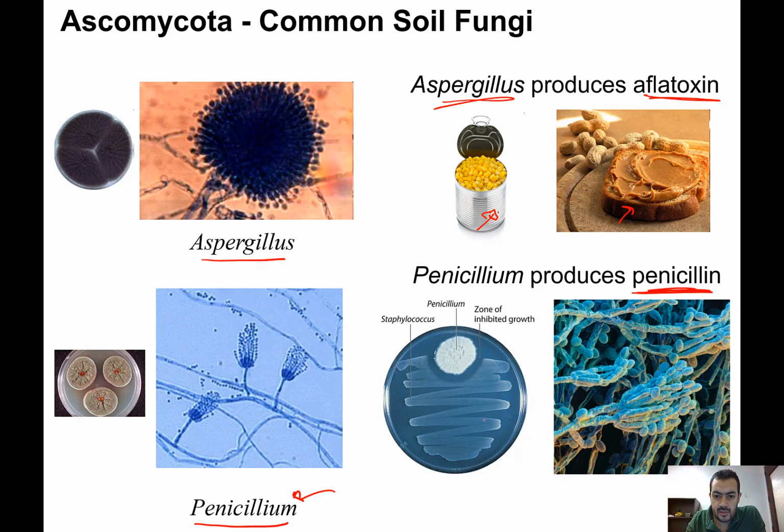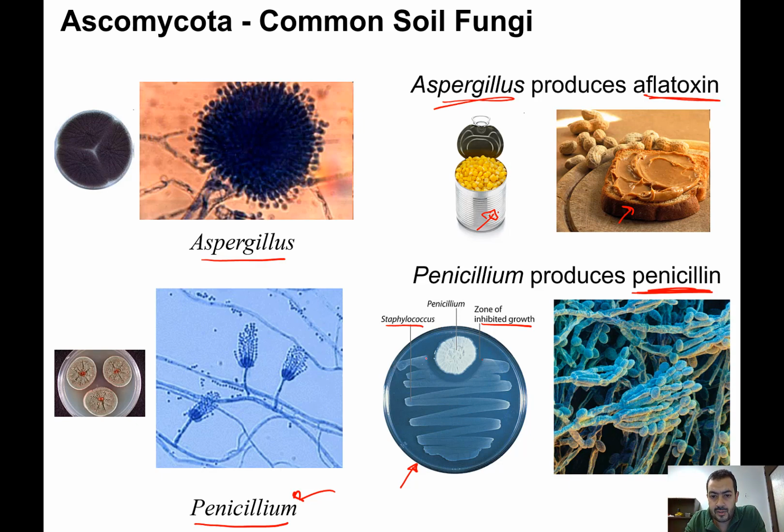So here in this picture you can see the effect of the Penicillium. So Penicillium shown here at this white circle, you can see an inhibition zone around it. So we call this clear area an inhibition zone, and this streaks or zigzag growth is representing one of the bacteria, which is Staphylococcus.